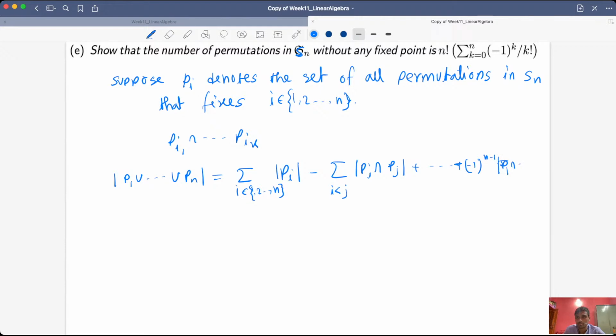times P1 intersection Pn. Now if you have this Pi, if it fixes only one element, the remaining n minus 1 elements are free.